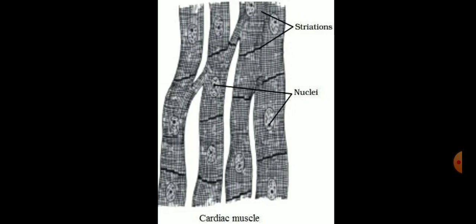Each cell contains a single nucleus, you can see in the diagram. Most importantly, they are involuntary muscles. So these were the three kinds of muscular tissue that we studied: striated or skeletal or voluntary muscle first, smooth or involuntary muscle second, and cardiac muscle third.